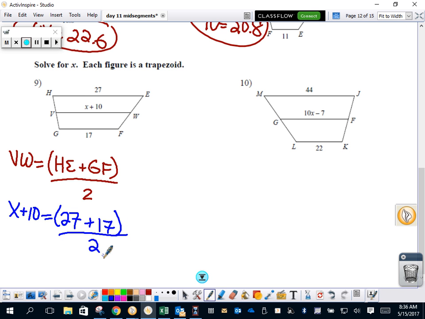Okay. What is this chunk right here? Because these are all numbers. There's no variables on this side, so we don't have to do anything too fancy. What is 27 plus 17 divided by 2? Is it 22? Can I get a second opinion?